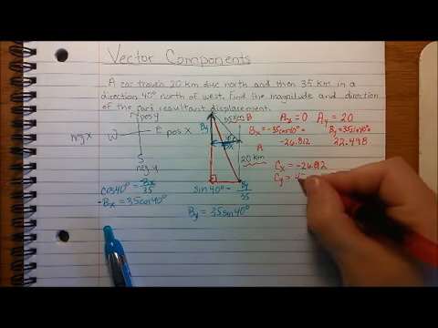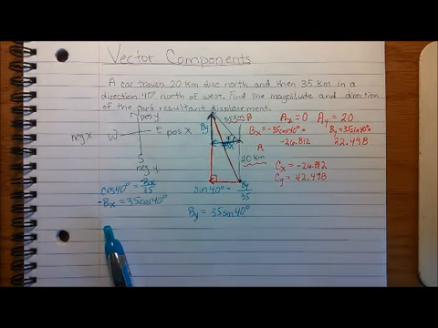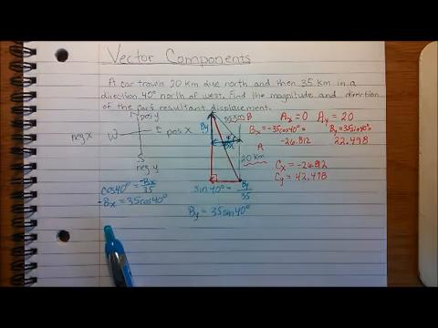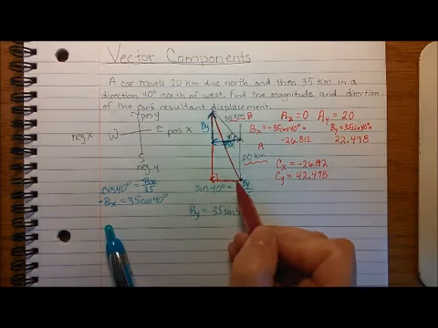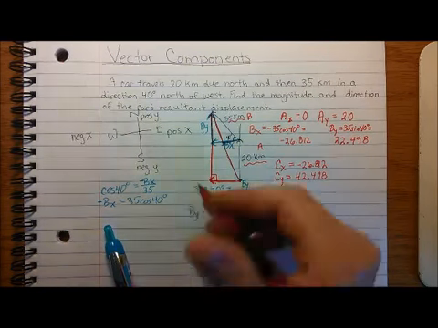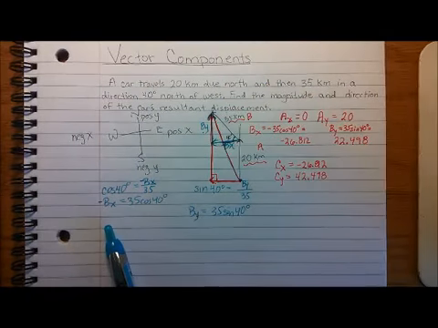Which is 42.498. Again, that's how far overall it went in the y direction, because remember, when it went 20 kilometers north, and then it went another 22.498 kilometers north when it did the 35 kilometers in the direction 40 degrees. So what we've just found is this line, which is negative 26.812, and we found this line, which is 42.498.